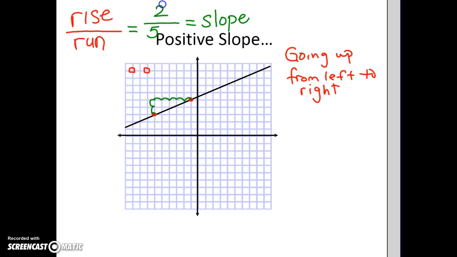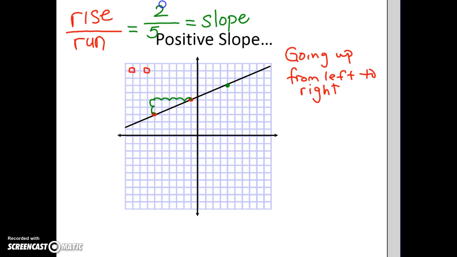I like slopes to actually be in fraction form, because then I can understand that from 1 point to a second point on the line, I'm going up 2 and to the right 5. And if I did that again for another point on this line, which I have another point right here, I'm going to get the same result every single time.